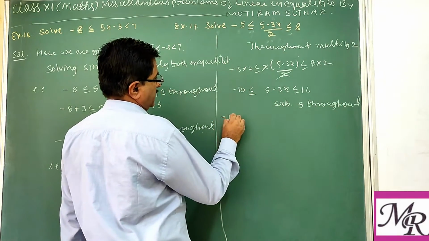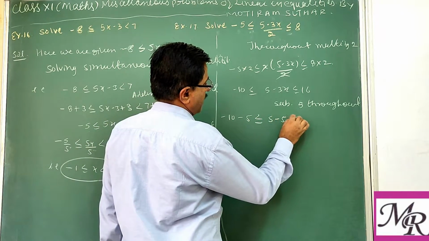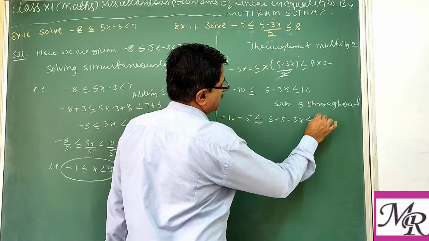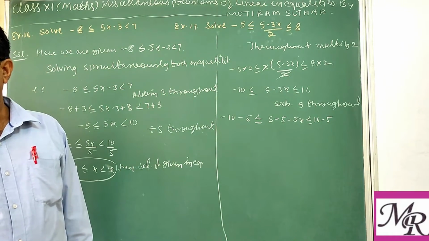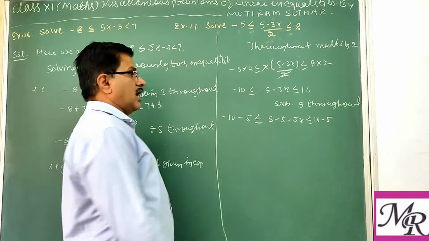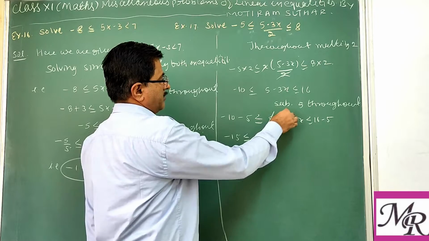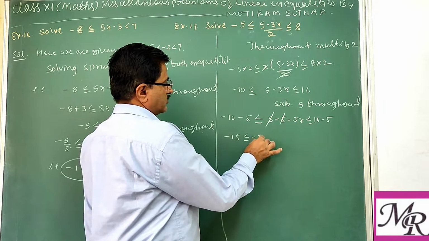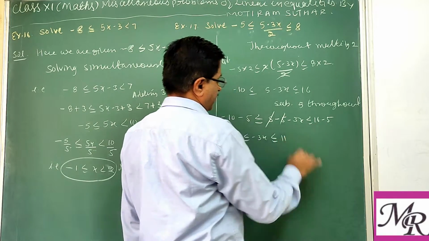That gives -10 minus 5, 5 minus 5 minus 3x, and 16 minus 5. So -10 minus 5 is -15, the 5 and -5 cancel, leaving -3x, and 16 minus 5 is 11.